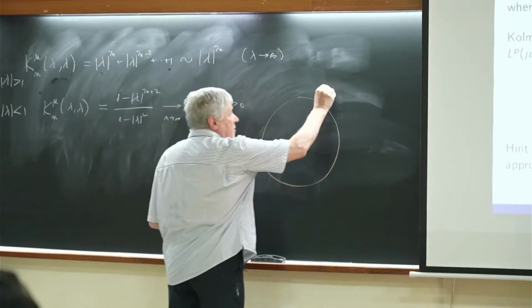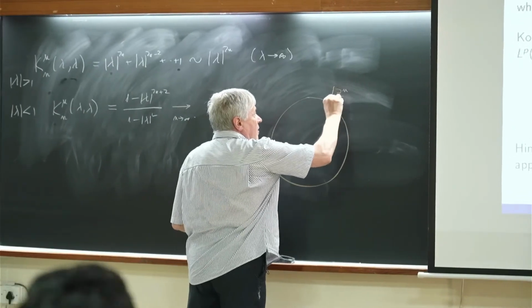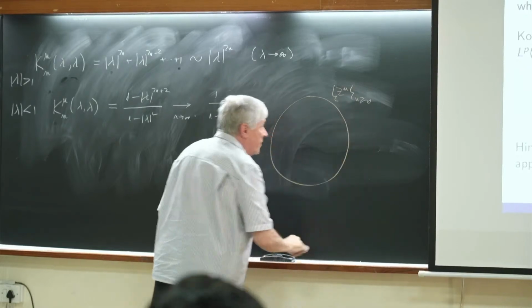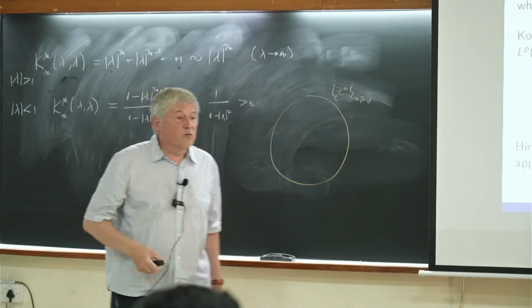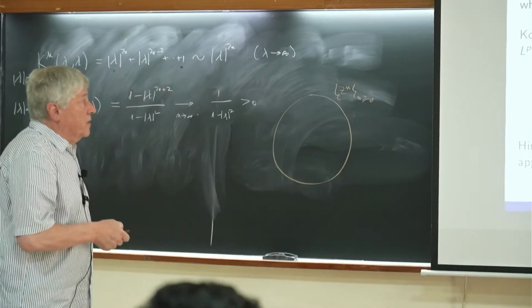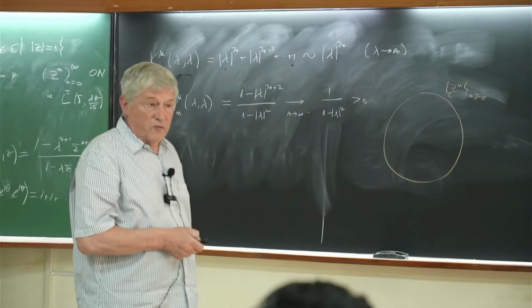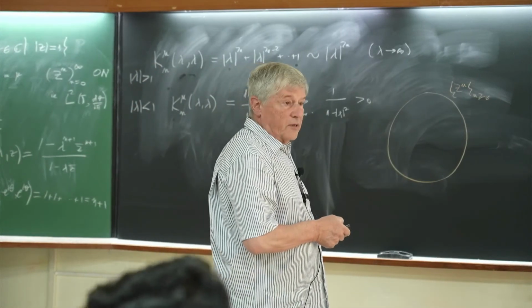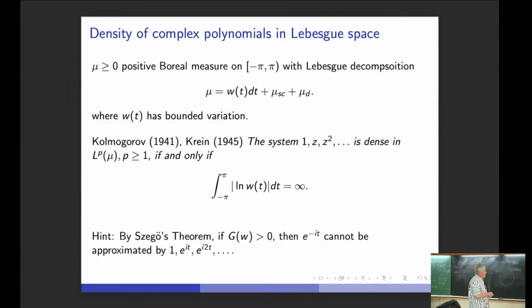Are the monomials, the complex monomials, dense in L2 or not? It turns out that this depends on the Lebesgue decomposition of the measure. So you have an absolutely continuous part, you have a singular continuous part, you have a discrete part.